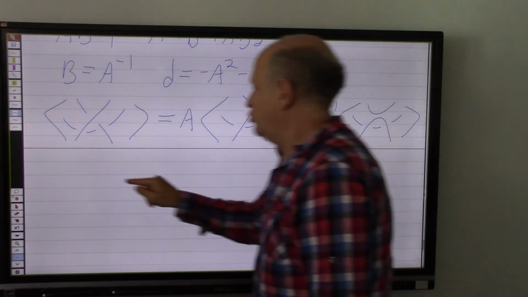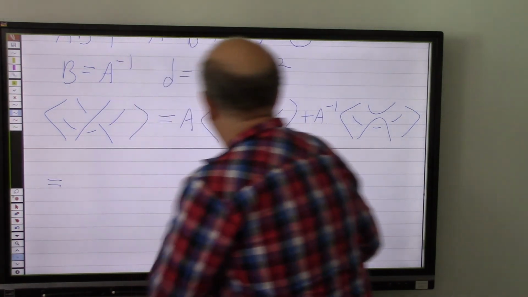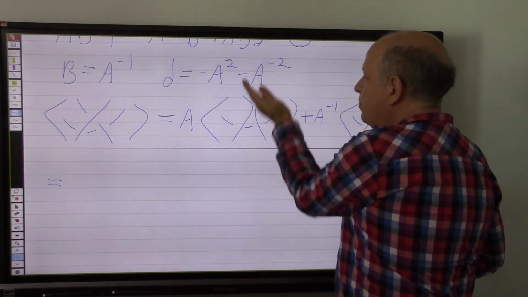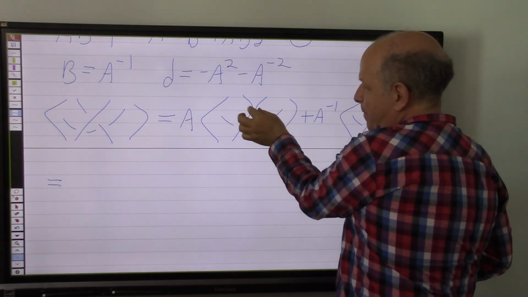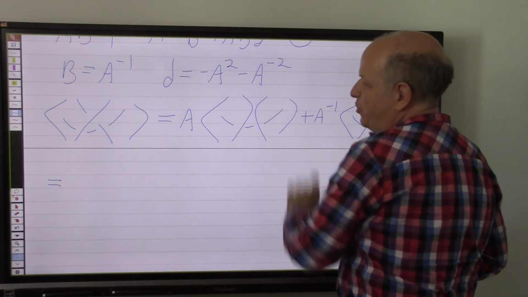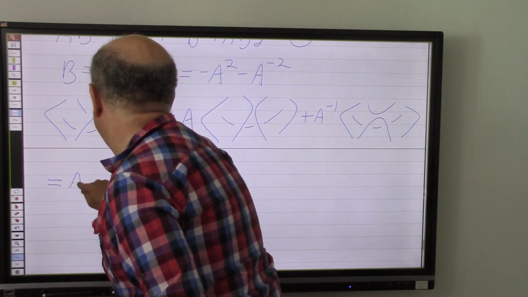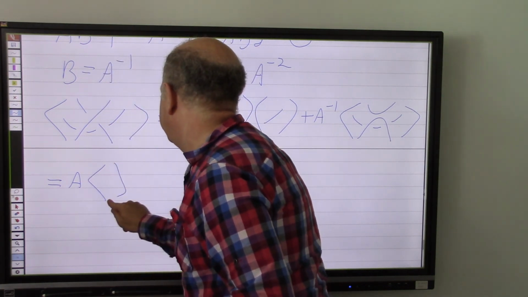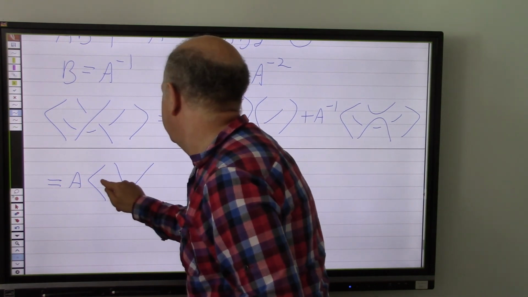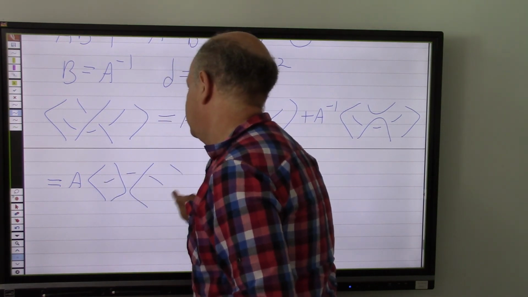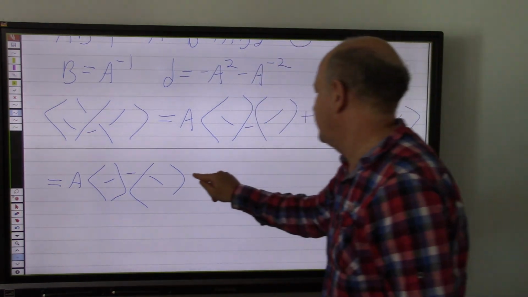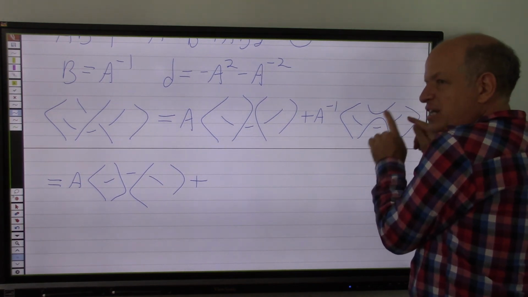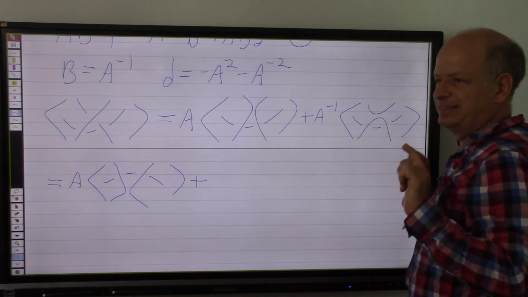But you see, topologically, I can slide the lower line below the smoothing point, and I'll get that this is equal to A times this. These two pictures are simply the same. Plus, well, I've already shown invariance under Reidemeister 2.